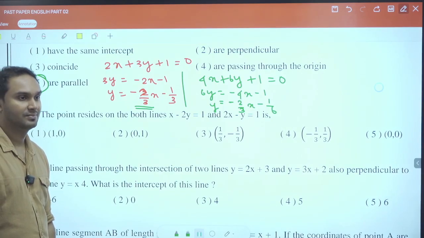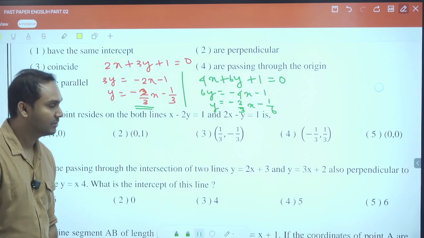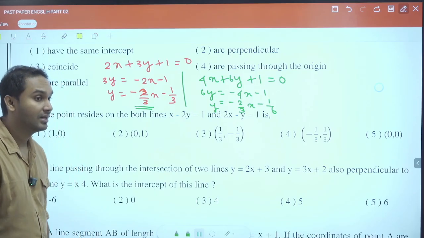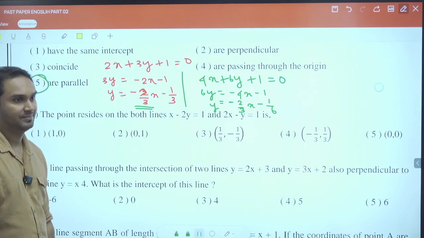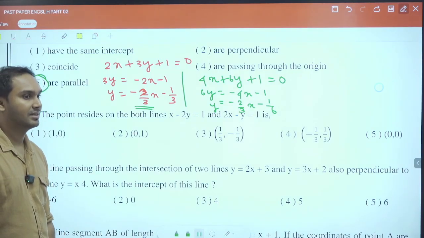You take the two equations and solve them as simultaneous equations. That is how you find the intersection of two lines. Can you remember?